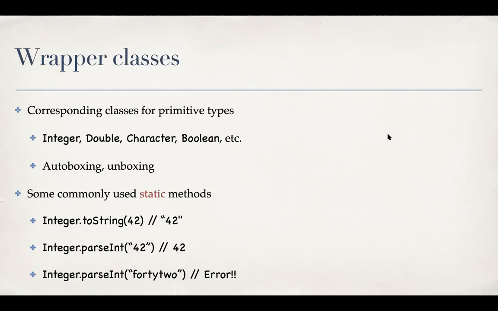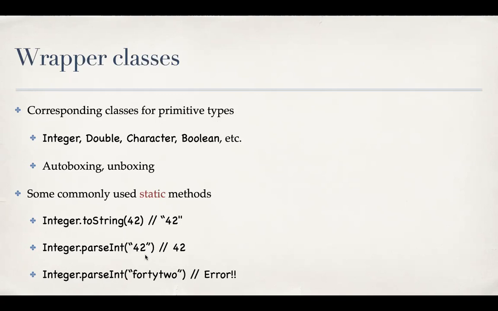Some commonly used static methods on wrapper classes are the Integer.toString method. As you can see, you pass it an int, and it results in a string version of that int. The opposite is the parseInt method, which takes a string in numeric format and returns the equivalent integer.